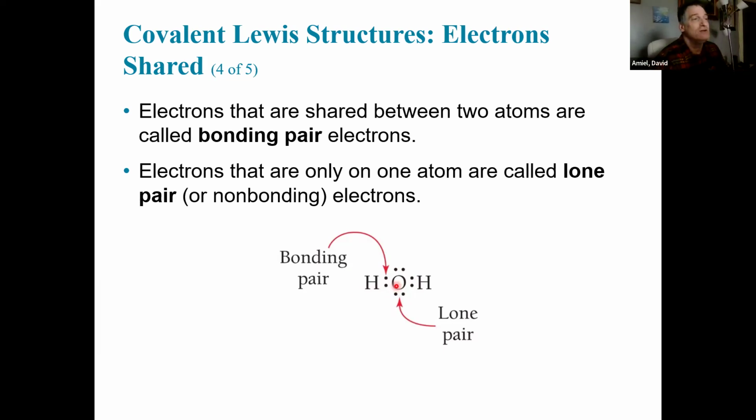And as we'll see in the next chapter, the lone pairs on an atom say a lot about the shape of the atom. We are not talking about the shape at this point. We are just drawing the Lewis structure, but it's important to know whether an atom has lone pairs on it, because this will become important.